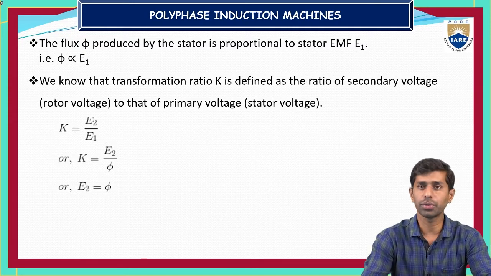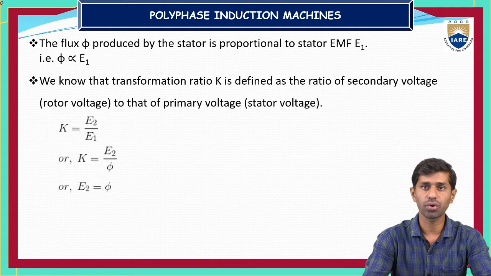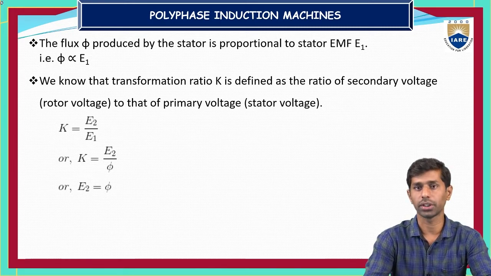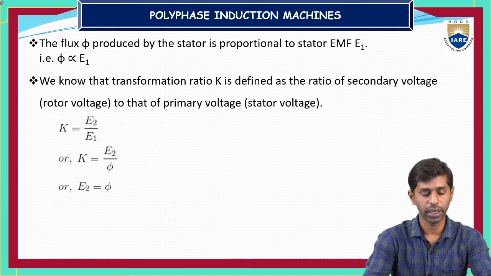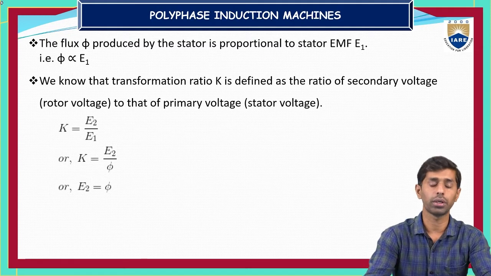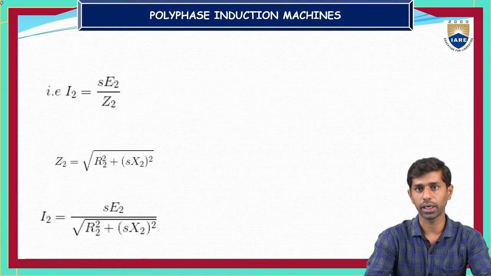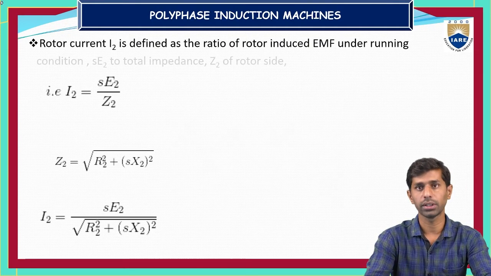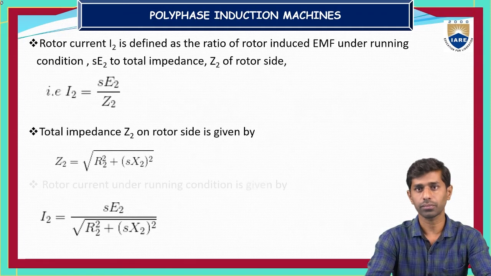Similarly, in the case of the induction motor, the transformation ratio constant K equals secondary voltage E2 by primary voltage E1, that is rotor voltage and stator voltage respectively. Since the stator voltage is proportional to the flux produced, we can say E2 is proportional to phi.